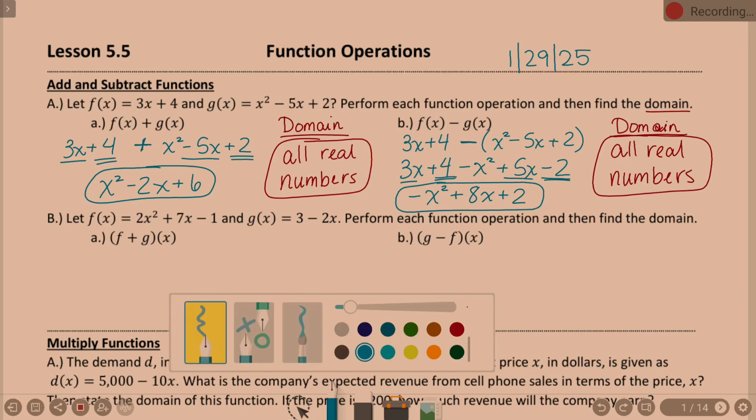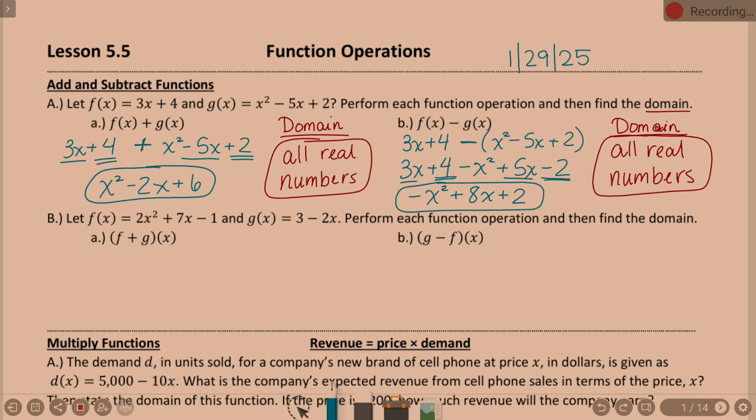So let me write it out. My new f is 2x squared plus 7x minus 1 plus my new g is 3 minus 2x. And what are we going to do again? Add like terms, yes? What do we see here?